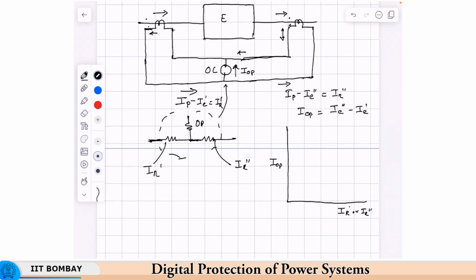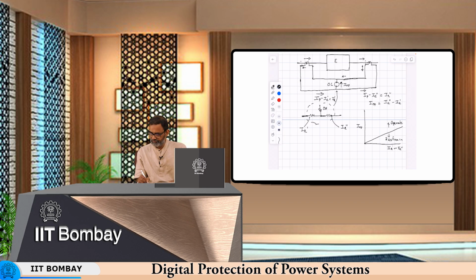Okay, and then you could have a restraint region, restraint for operation and operate. How the slope and all that is set we will come to very shortly. Okay, so this is what happens.